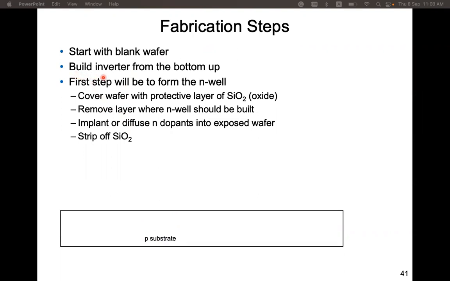Then we are going to build the inverter from the bottom up, from the lowest layer to the topmost layer. The first step will be to form the N-well region.